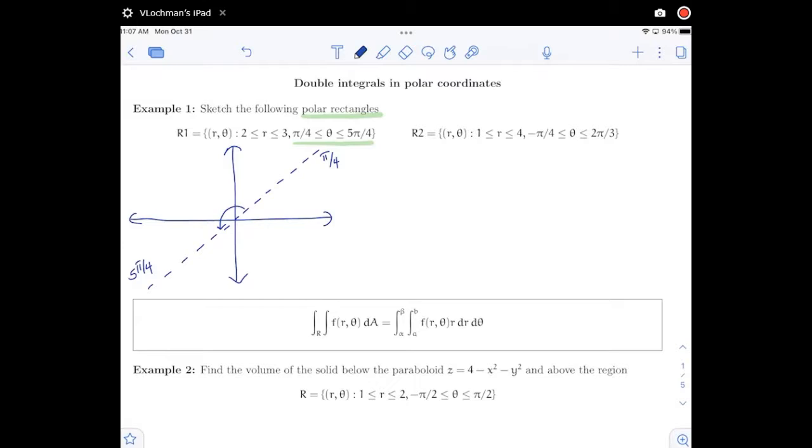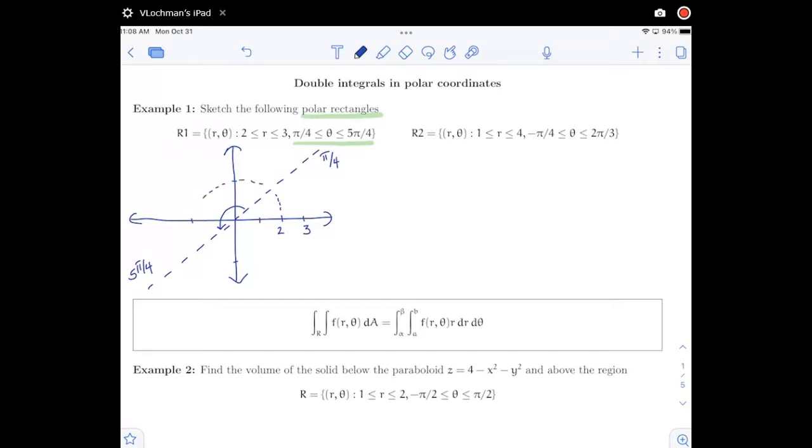What about r? Radius. So r goes between 2 and 3. If I mark this as my distance, let's say this is 2 right here, and this is 3, then you can make the circle. Let me make it everywhere.